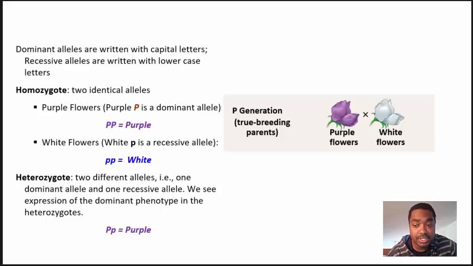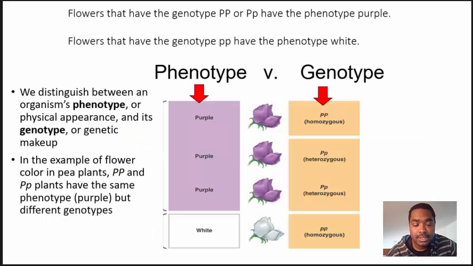Because the dominant purple allele hid the effect of the recessive white allele. So again, be confident with your terminology. What's a phenotype? A phenotype is what you see. What's a genotype? It's your genetic makeup, and in the context of what we'll be discussing, it's the combination of alleles that we will see for a particular gene.